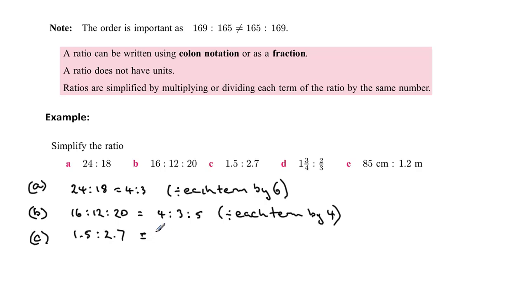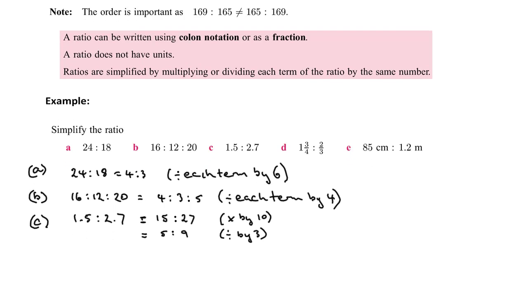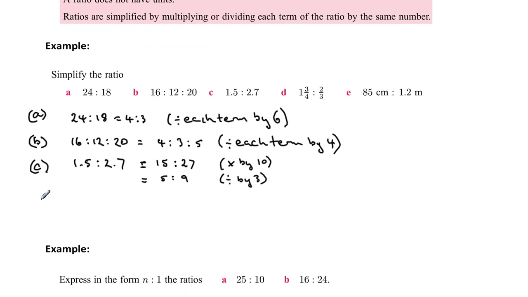If we do that, we get 15 on this side, and we get 27 on this side. And we do that by multiplying by 10. But if you have a careful look at the numbers as well, you can simplify from here. And so we can simplify this down to 5 to 9 by dividing each term by 3. So get rid of the decimals first of all, and then simplify down if possible. And your calculator will always help you with this one.